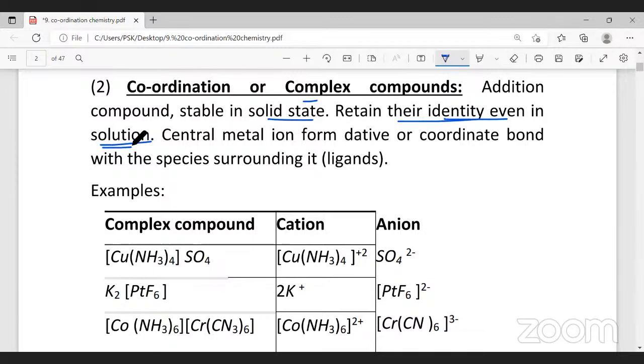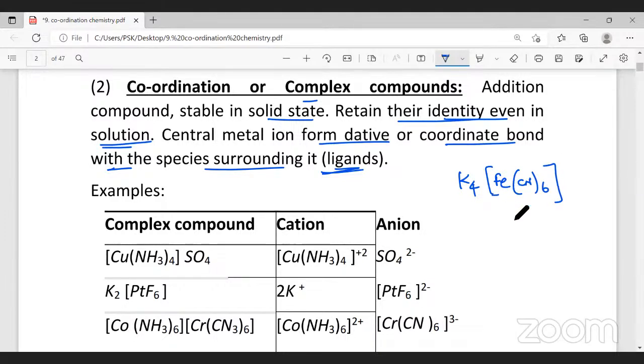Coordination compounds maintain their identity in the solid state as well as in solution state. Now, the central metal ion forms a dative bond or coordinate bond with the species surrounding it, and these are called ligands. We are going to learn what a ligand is later. Now, what is the coordination compound? If you take an example, K4[Fe(CN)6].